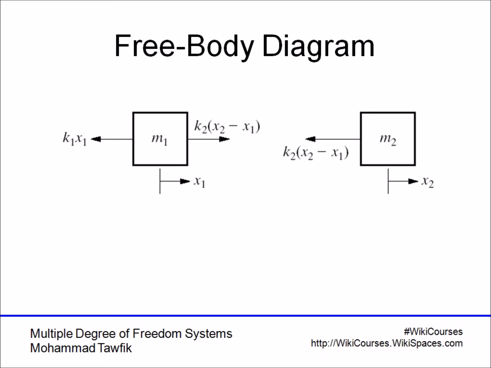So if M1 and M2 are moving the same distance in the same direction, the difference between X1 and X2 will be zero, so there will be no force acting from this spring.